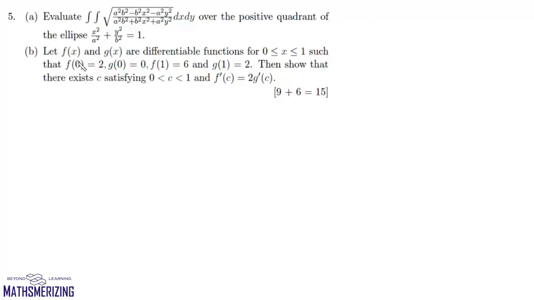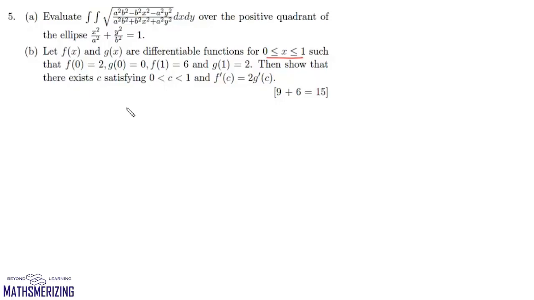Now question 5b is: let f(x) and g(x) be differentiable functions for x lying between 0 and 1 such that f(0) is 2, g(0) is 0, f(1) is 6, then show that there exists c satisfying c lies between 0 and 1 and f dash c equals 2 g dash c.